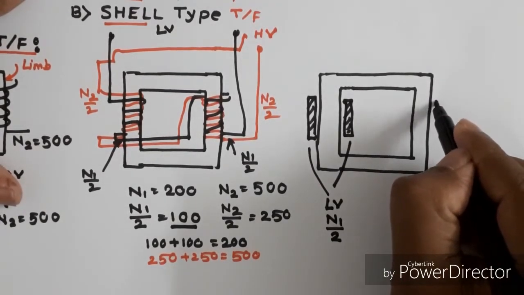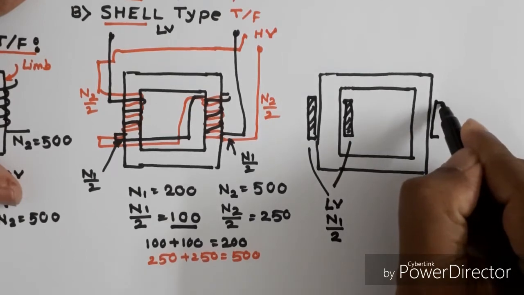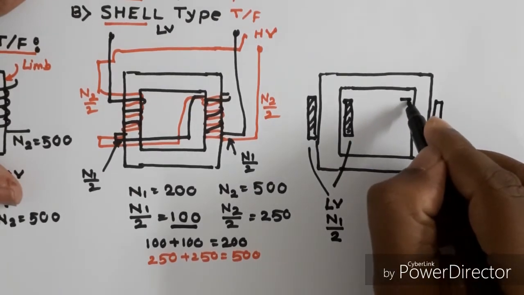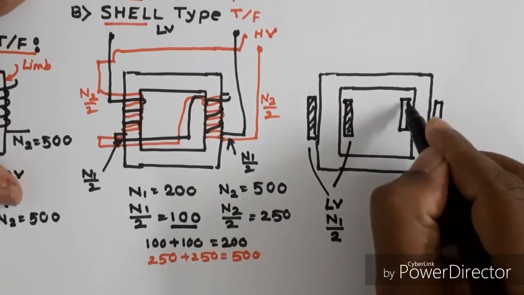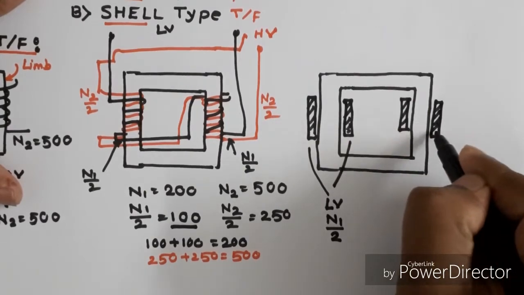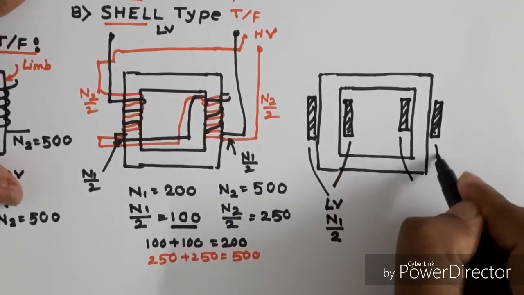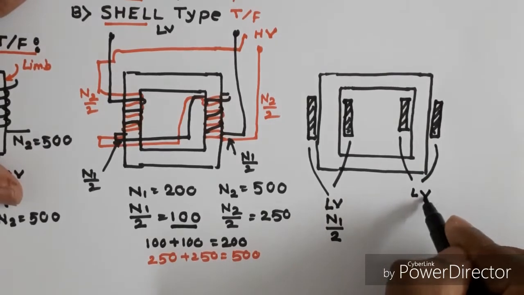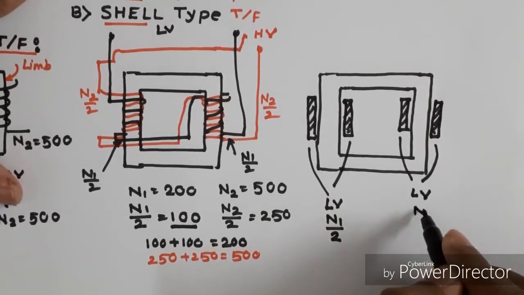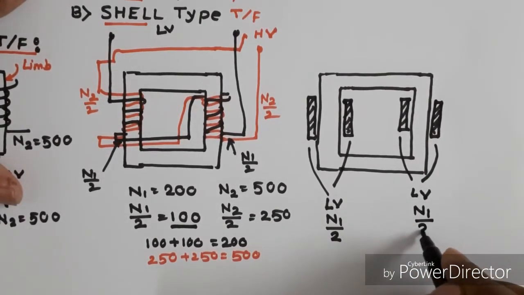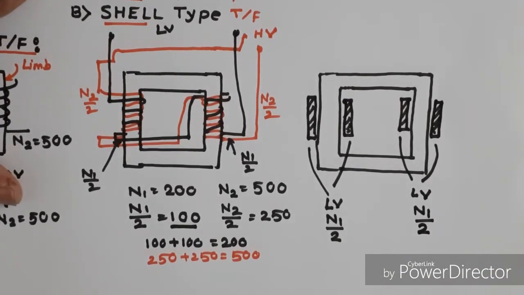Similarly, in this leg, over the core, there are N1 by 2 number of turns. This is again half of the LV winding, with N1 by 2 number of turns.